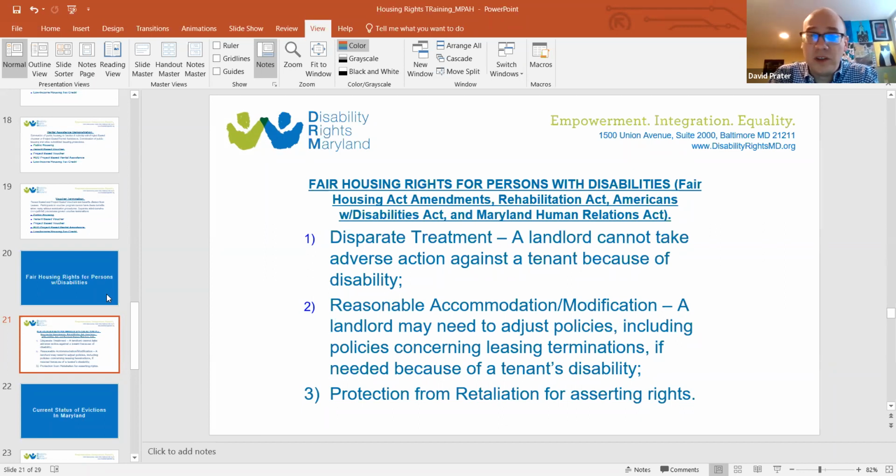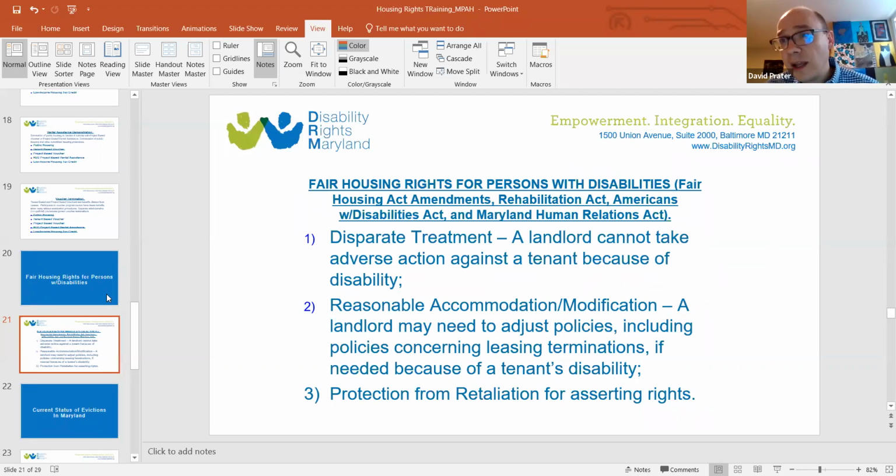So if a tenant with a disability receives a notice from a landlord saying, you know what, I don't want to rent to the tenant anymore, it is possible that there may be some retaliation going on because the tenant has asserted their rights.